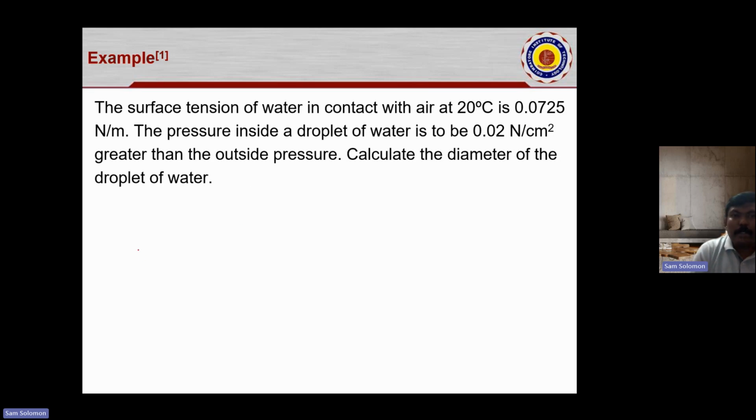A very simple question. What is given to us is the surface tension of water, 0.0725 Newton per meter. And they have said the pressure inside the droplet is going to be 0.02 Newton per centimeter squared.